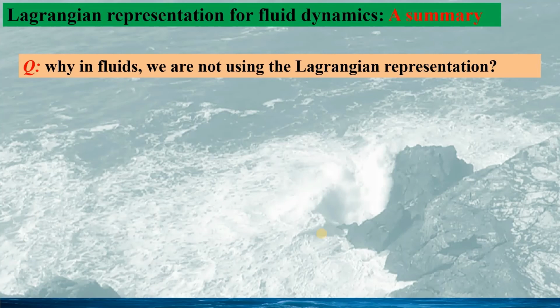In the last slide, we will discuss why in fluids we are not using the Lagrangian representation. Because in the previous slides we have seen that, for motion description, the Lagrangian representation would be simpler than the Eulerian representation. But why are we not using the Lagrangian representation for fluid dynamics?